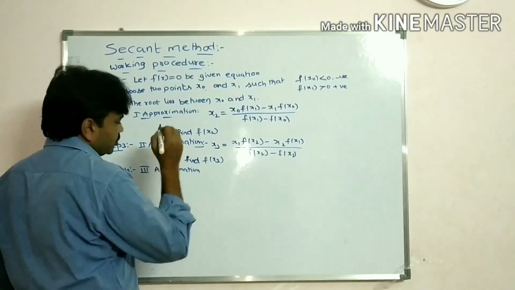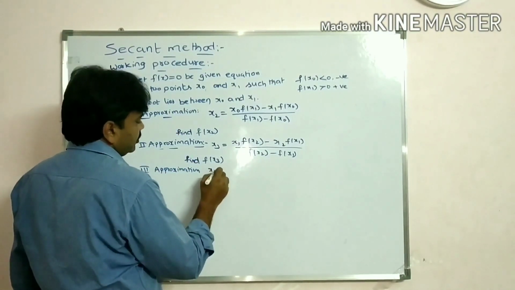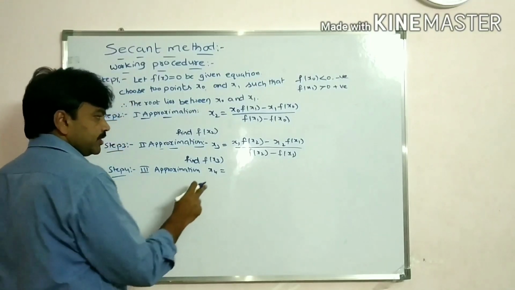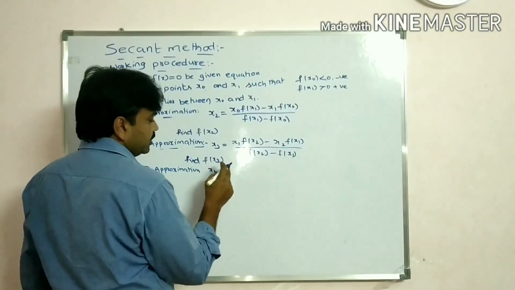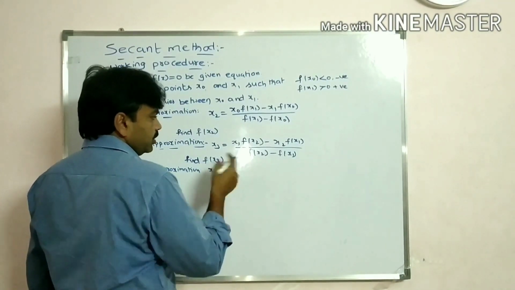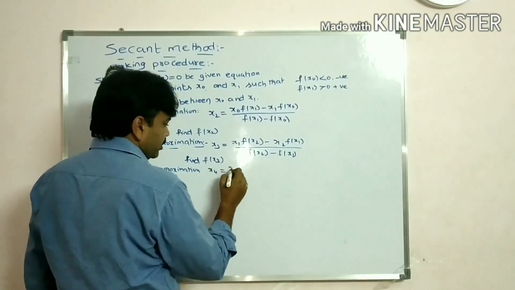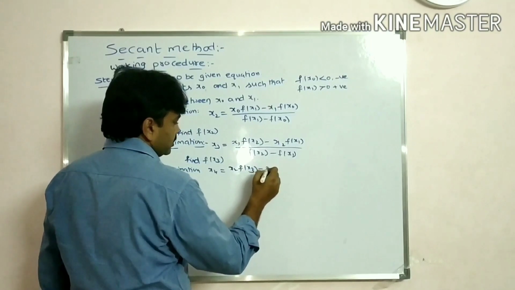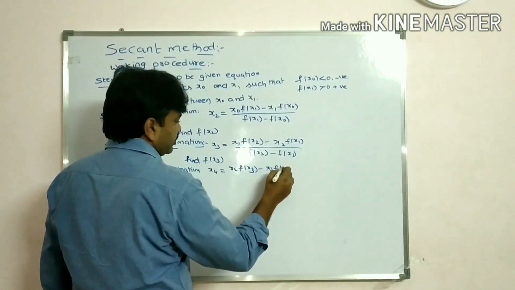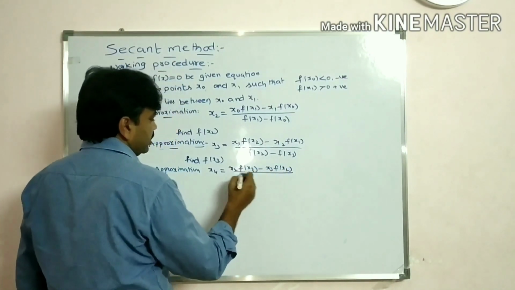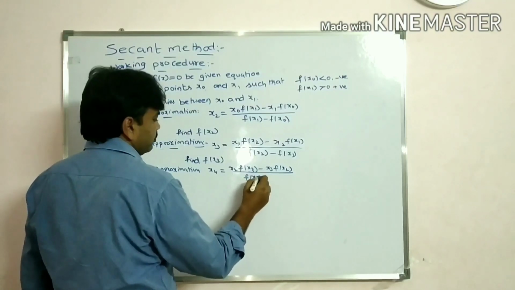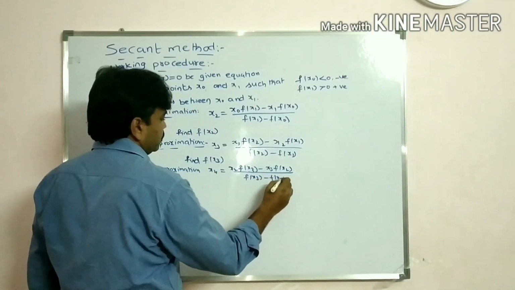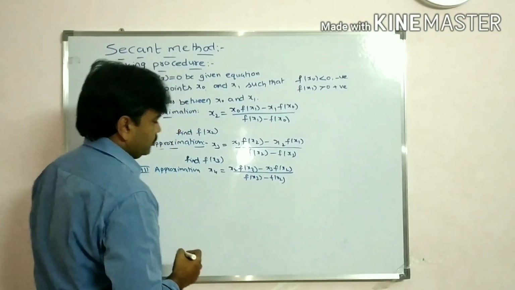What is the third approximation, students? x4 is equal to, now this time this is x4, so we get here 2, 3. So we get x2 f of x3 minus x3 f of x2 divided by f of x3 minus f of x2.